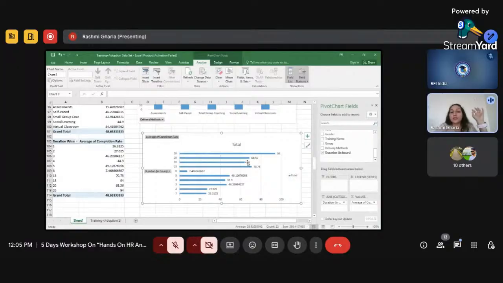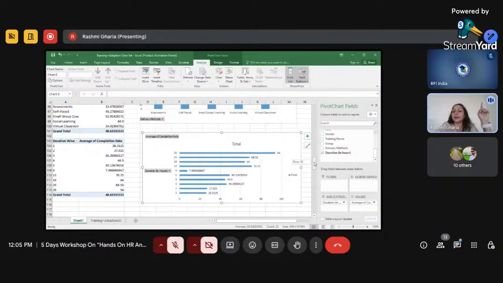Suppose you see that higher duration training programs have higher completion. You have proposed all training programs to be of higher duration. So do you think people will complete it? No, it's not necessary. You need to see for which type of training programs you have the higher duration and people are completing also. That also you need to understand.